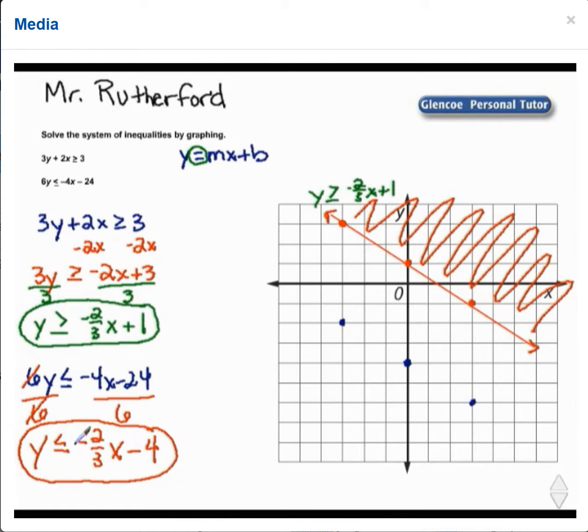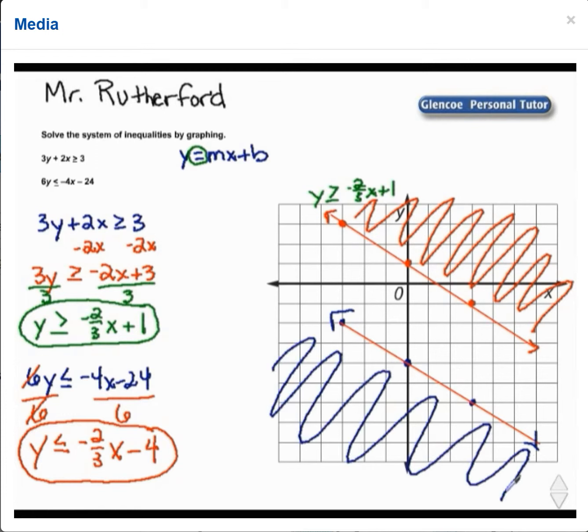Again, my boundary line will be solid because we have less than or equal to, so I'll draw my boundary line with my arrows. Now this is less than or equal to, so this means we're going to shade everything below. So let's label this. This is our y is less than or equal to negative 2/3 x minus 4.